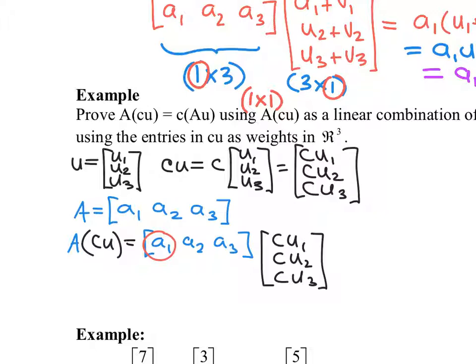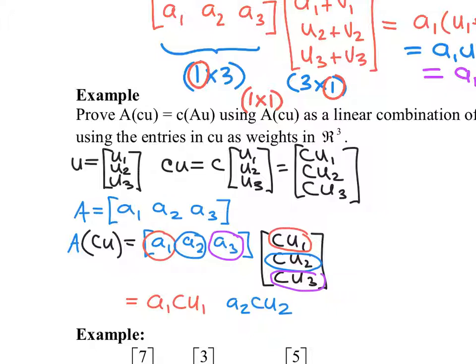So I'm going to take the A1 and multiply it by CU1. It's commutative, so I can put it in any order. I'm going to write it as A1 CU1, and then A2 multiplied by CU2, and then the last one would be A3 CU3.